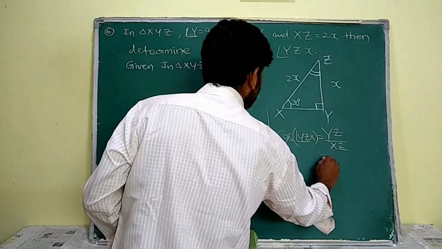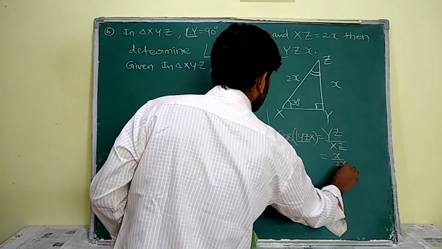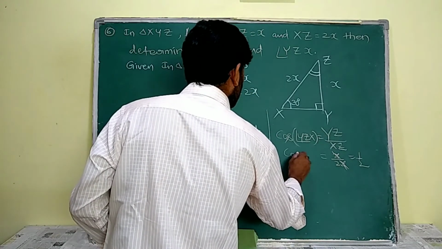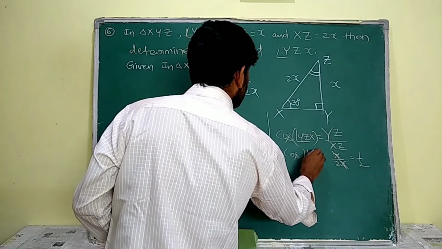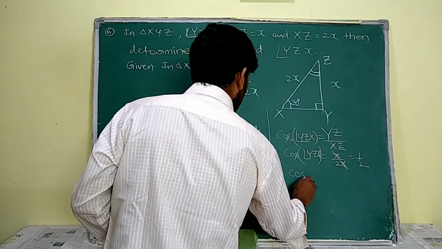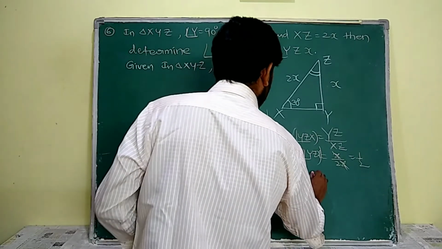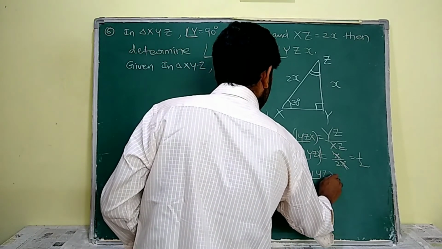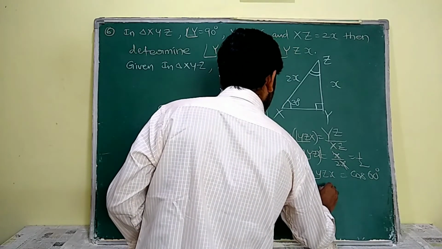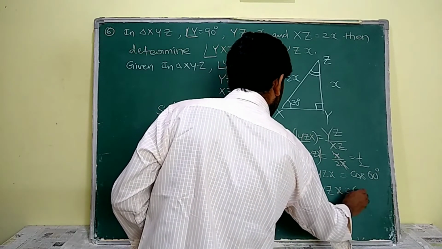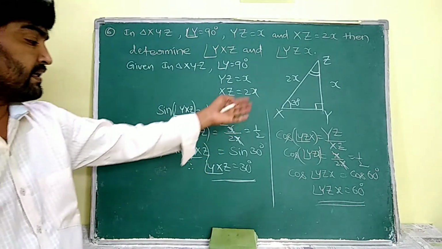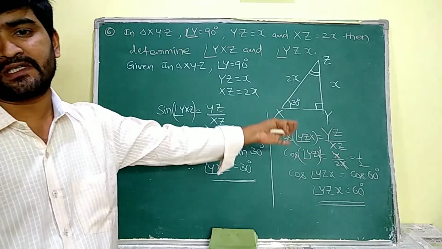YZ is X, over 2X, X and X are cancelled, it is 1 by 2. Here also you follow the same old procedure. This 1 by 2 is equal to which specific angle of cos? We know that it is 60 degrees, so cos 60. So angle YZX is equal to 60 degrees. You may calculate the YZX value in this procedure also.